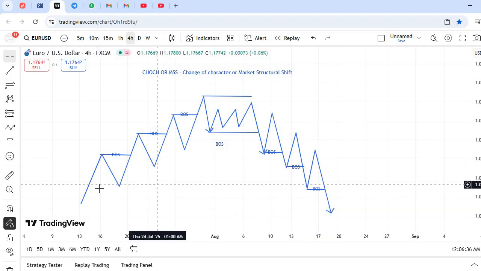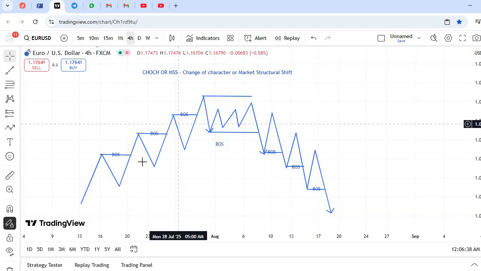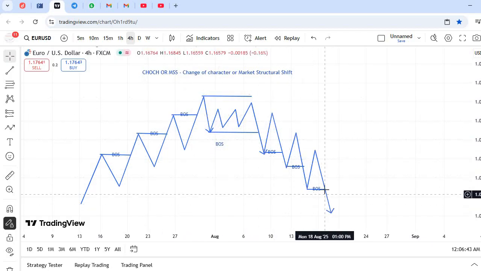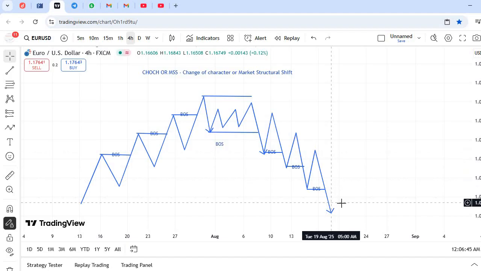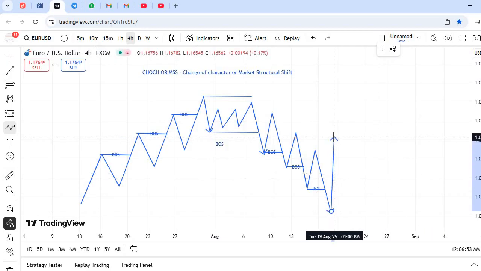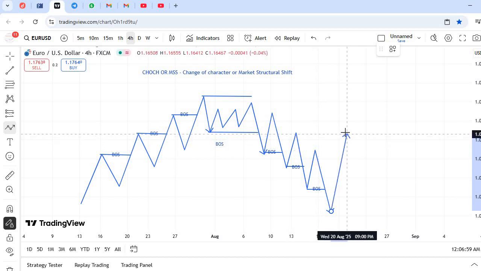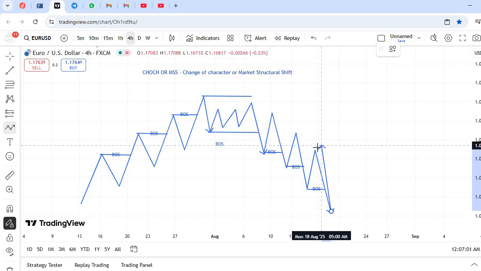And like we all know, in an uptrend, you look for buying opportunities. In a downtrend, you look for a selling opportunity. So if, for instance, when price got here, we now had something like this, impulse, and this high has now taken out this last high. Can you see? That means there is now a change of character or a market structural shift.